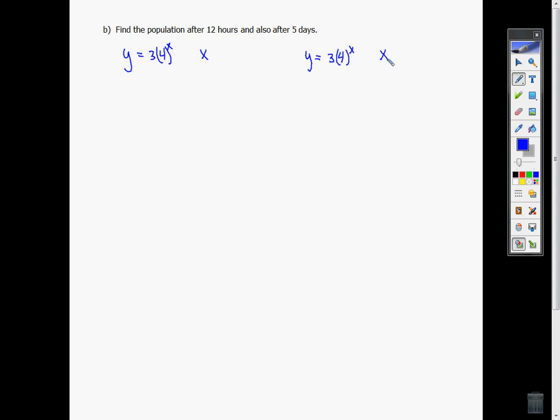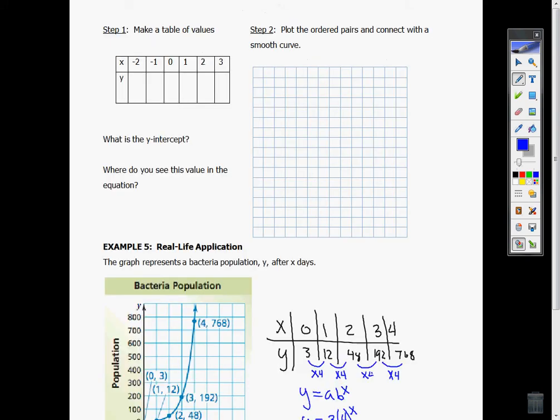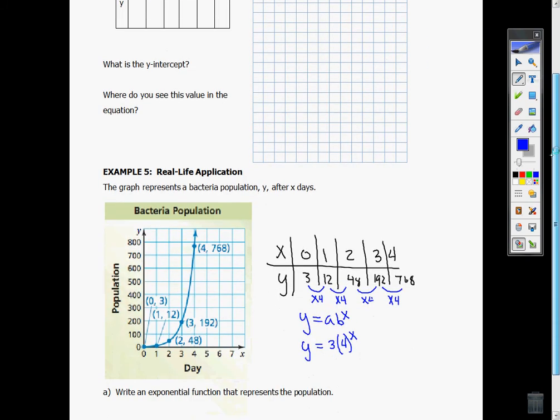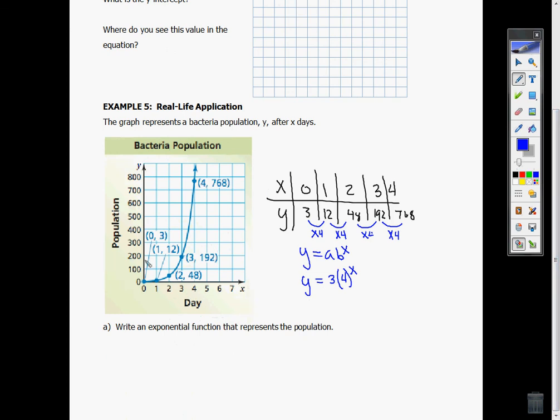So in our first one, we need to think, what is the unit that we're using for x? Was it hours? Was it minutes? Was it seconds? I don't quite remember. So we have to come back. Let's take a look. We were using population versus time in days.